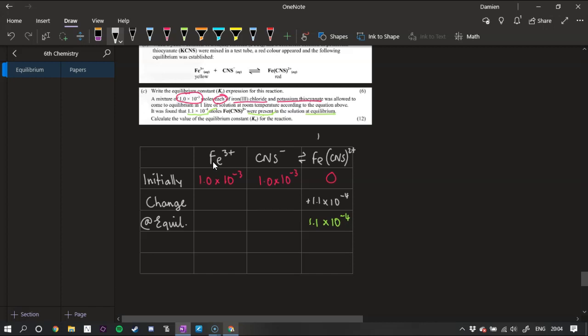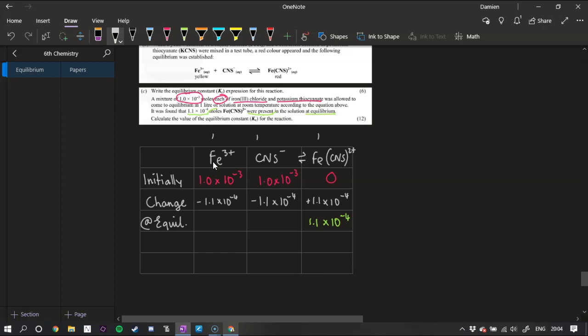And because this is a 1 to 1 to 1 ratio, that means this is 1.1 by 10 to the minus 4 as well. The difference with the left-hand side is on the right-hand side it's positive, so these have to be negative.